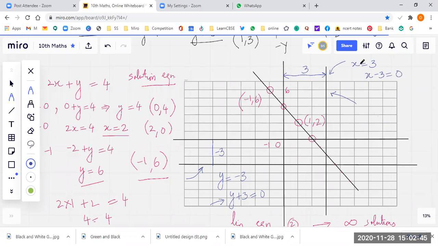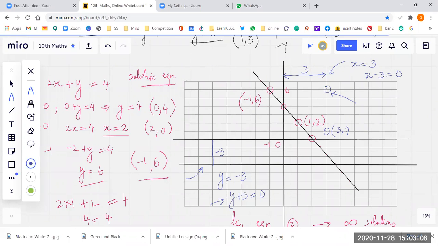All right. Now, I will see whether some points satisfy this equation. I will take this point, then I will take this point. Anyone can say, what is this point? (3, 1). Good.